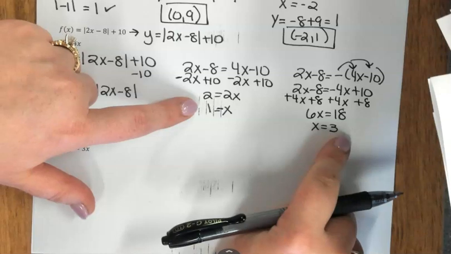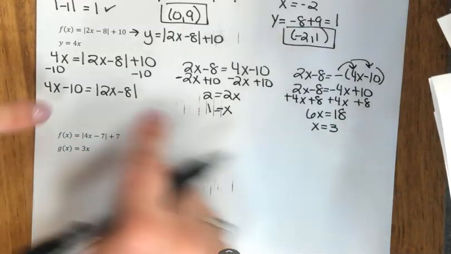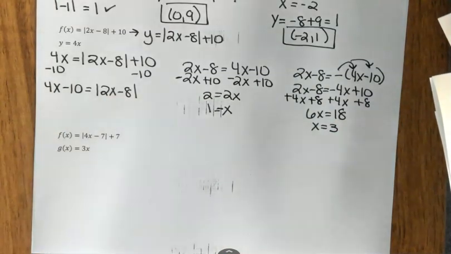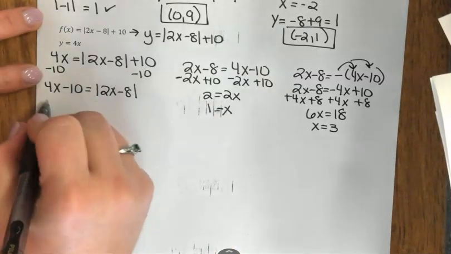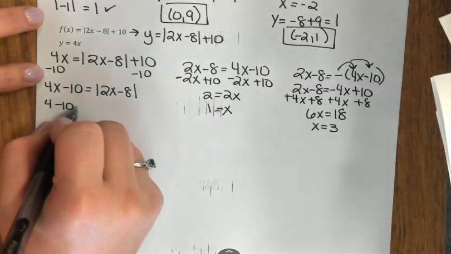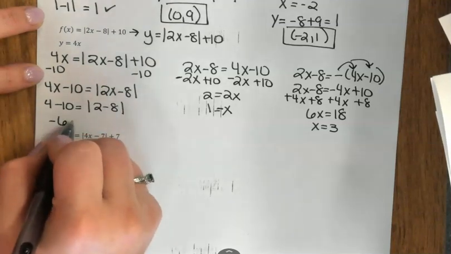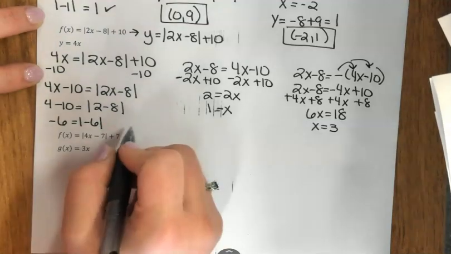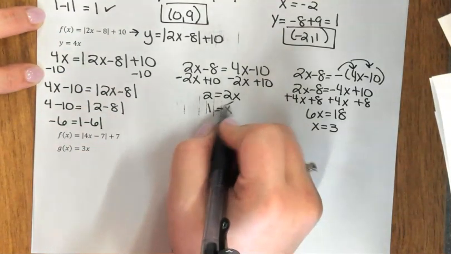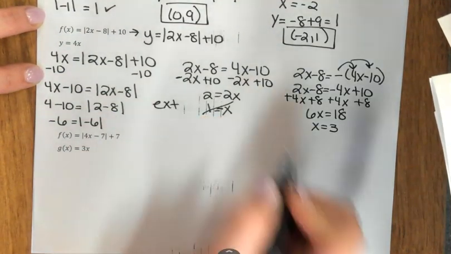So I've got two potential solutions, 1 and 3. I've got to plug them both in here to make sure they're not extraneous. Let's start with 1. It's going to be 4 minus 10 equals the absolute value of 2 minus 8. So negative 6 equals the absolute value of negative 6. That does not work, so this solution is extraneous.